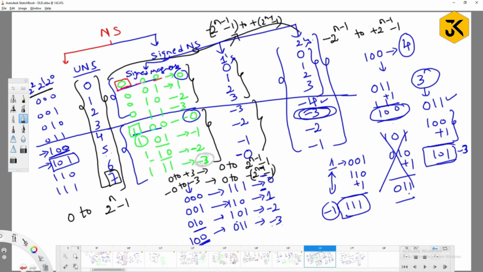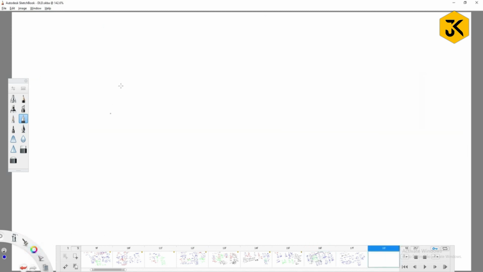Can I have any generalization? I will take a new slide. If it is unsigned number representation and you want the number 7, it should be 1 into 2 square plus 1 into 2 power 1 plus 1 into 2 power 0, which is 7, right? So this is one kind of unsigned representation formula.